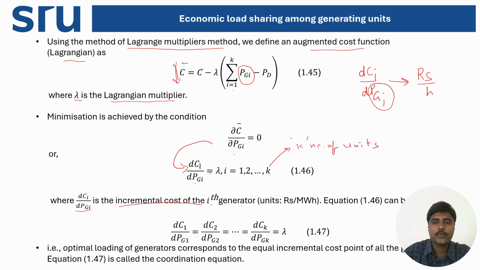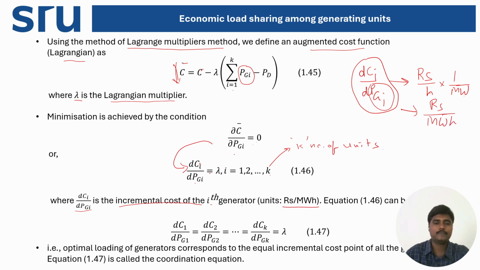The power output is usually very high, so I'm expressing it in megawatts. Combined, the unit of this incremental fuel cost is rupees per hour into megawatt, so it becomes rupees per megawatt hour.